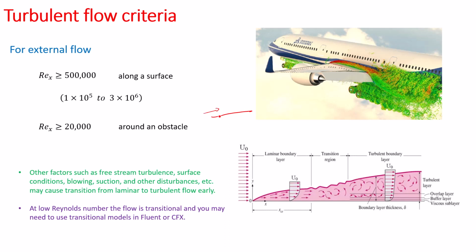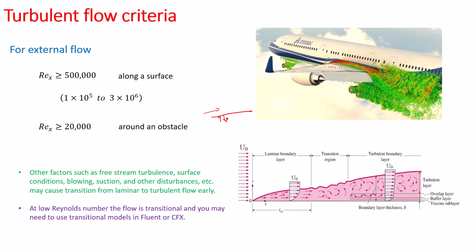You can have a hole here and blow flow from it, and this will make the flow turbulent. Why do we do this? Because turbulent flow has more energy, so if there is some separation, this flow will stay attached to the surface. In a similar way, we can suck the flow.